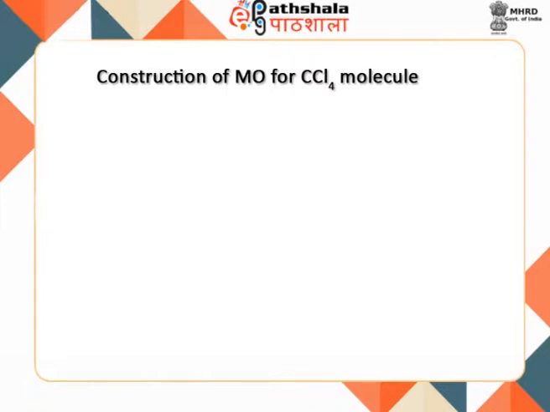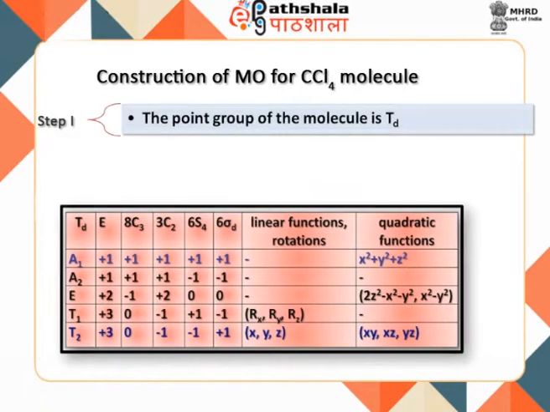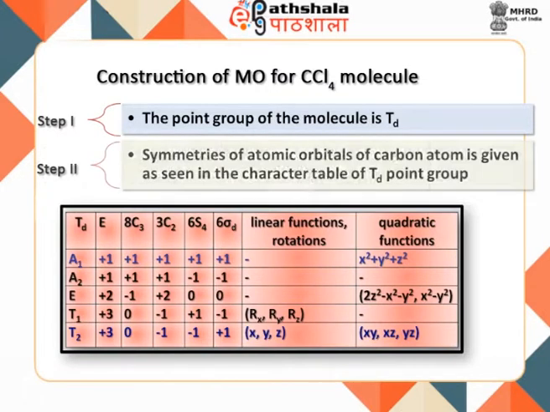Applying the same procedure for construction of the molecular orbitals of the CCl4 molecule, let us do step 1. That is, the point group of the molecule is Td, and step 2 is the symmetries of atomic orbitals of the carbon atom, given by the character table of the Td point group as shown.